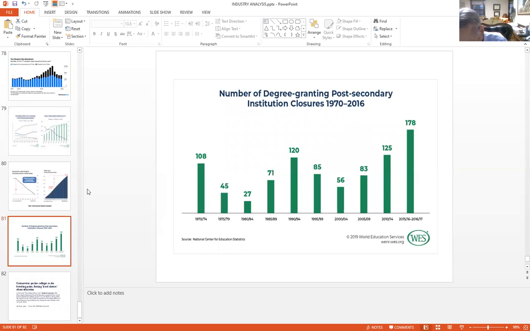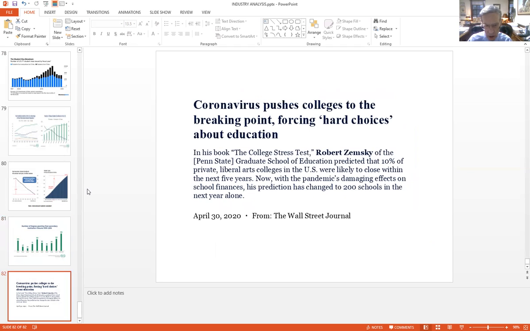But in the 2016 to 17 year, 178 educational institutions closed. And I imagine that if this were last year, there would be even more, and certainly in 2020. So this is a real issue.